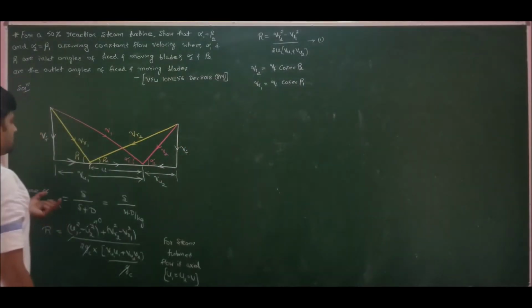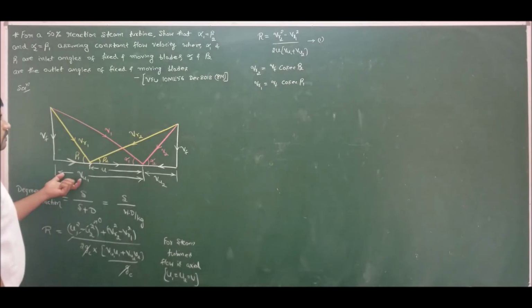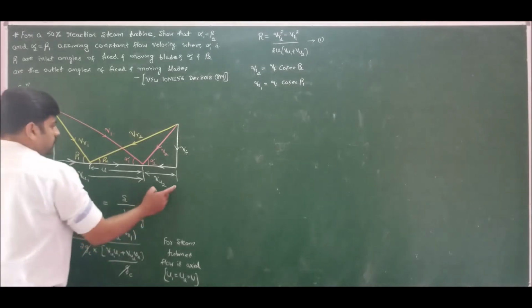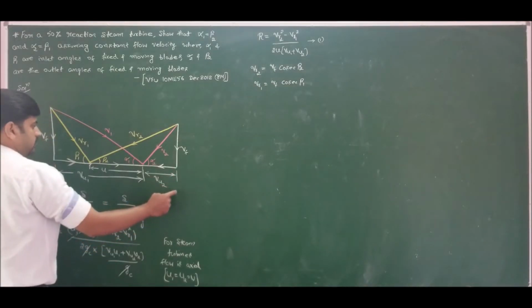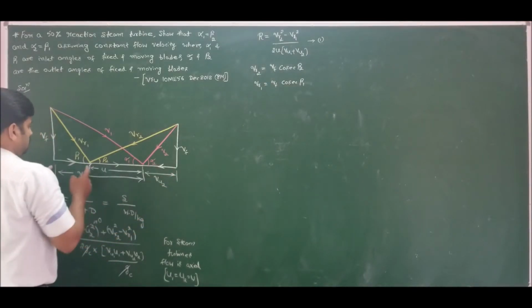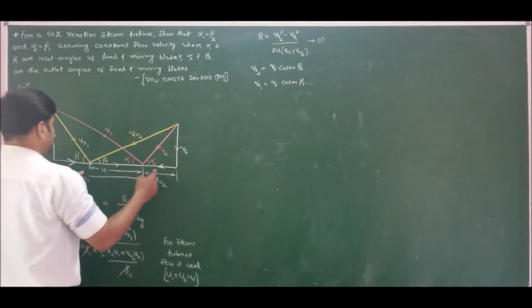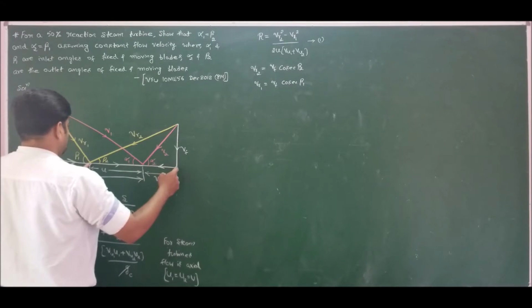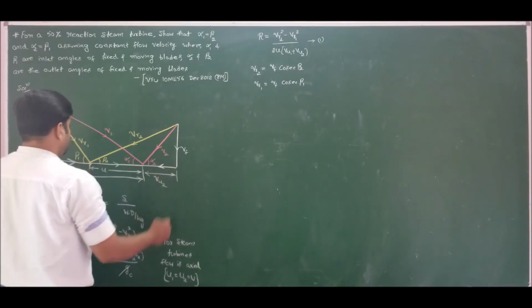Now expressing Vu1 and Vu2 with the help of blade angles and Vf, I can write Vu1 plus Vu2 is the overall length of the diagram. VR1 cos beta 1 and VR2 cos beta 2 is also the overall length of the diagram.